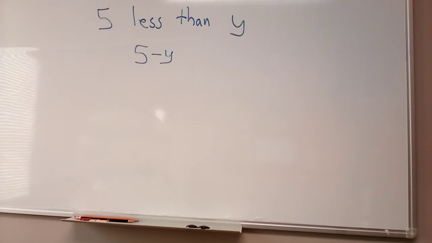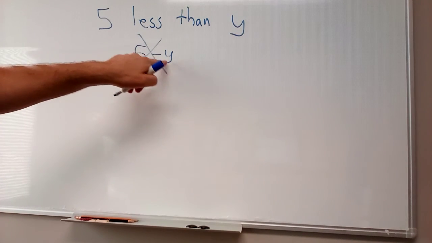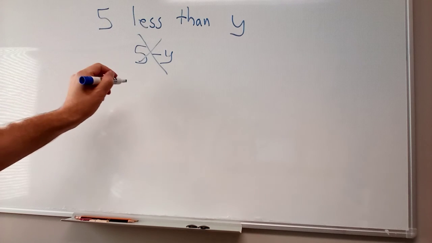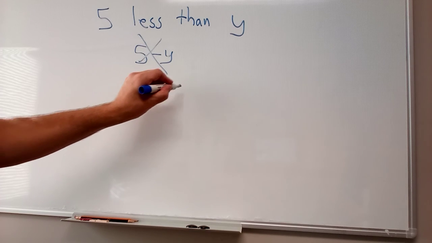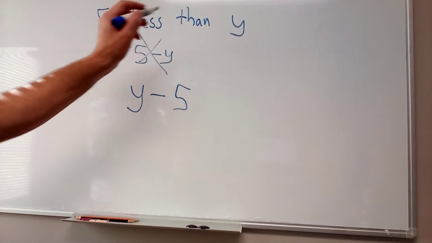But that's not correct, because that's y less than 5. I want 5 less than y, so I'm going to start with my y, and I want 5 less than that, so I'm going to subtract 5 from my y. Now, in multiplication and in addition, it doesn't really matter the order. But in subtraction, it's very important that you read carefully and see what it says.